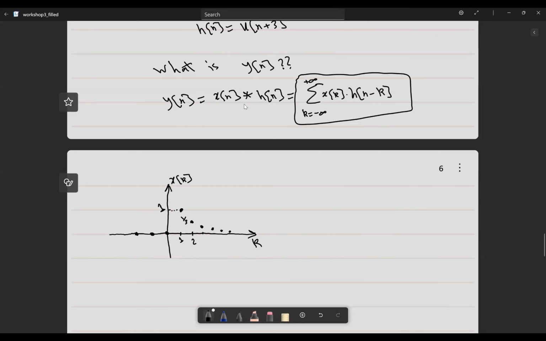It keeps getting smaller and smaller, approaching 0 at infinity. So this is x[k].